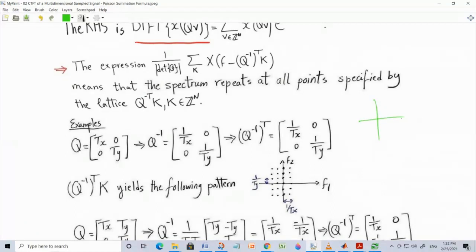So if you are doing rectangular sampling, which means that in the time domain, and again, I'm using time not really to mean time. I'm using time as a generic name for those dimensions. For an image, which is an example of a 2-dimensional signal, those will be spatial dimensions, x and y.